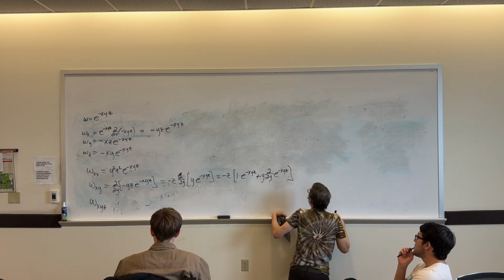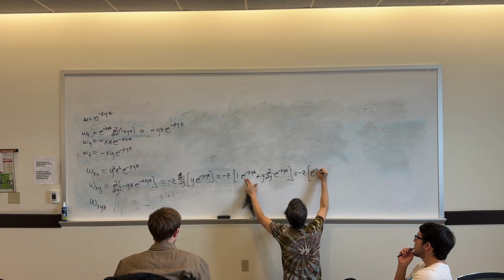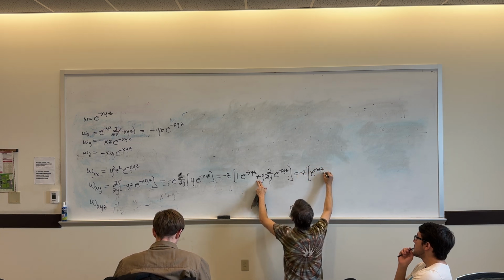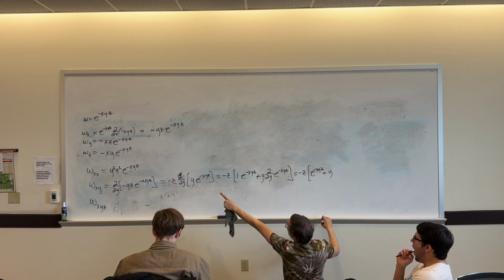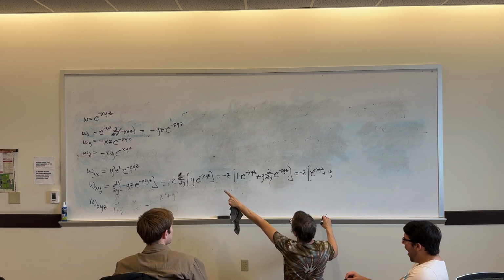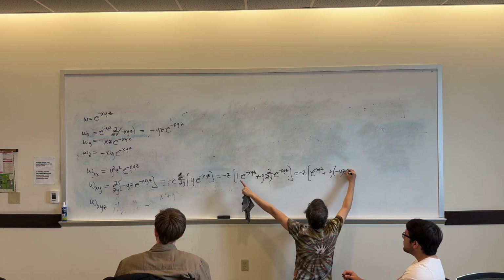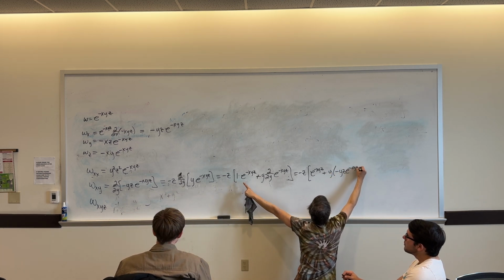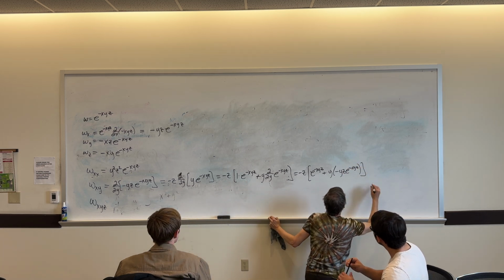And then plus negative z e to the negative xyz plus y, just copying that. Now I'm just going to copy down what w sub y was, which was negative yz e to the negative xyz, in parentheses.